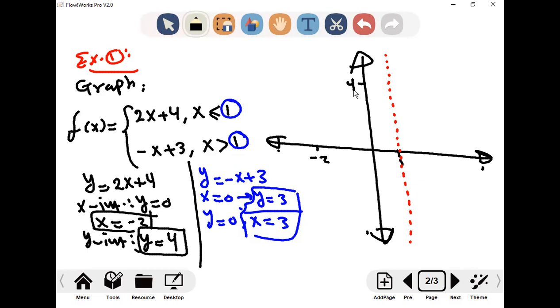This graph goes to the left for this one, to the right for the other one. So I will make my line, just let me make it longer, with the black, okay?